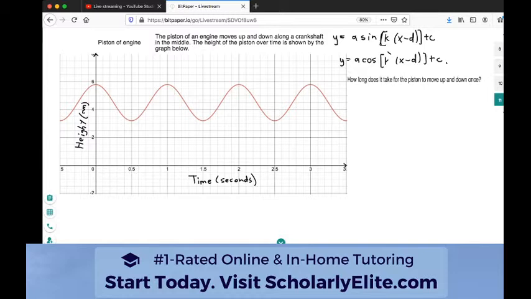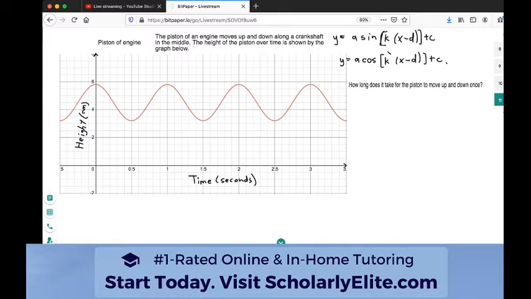And the K tells us the horizontal stretch. Also, it can tell us the period, which is how long it takes exactly for the equation to repeat itself. So what they're really asking in this question is, what is the period? That's actually really easy to solve for.